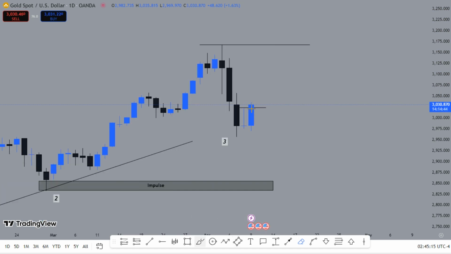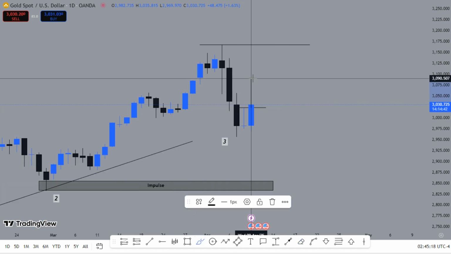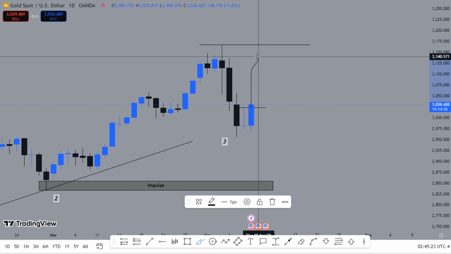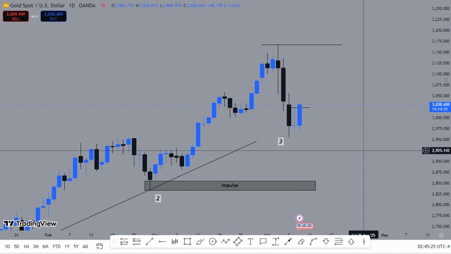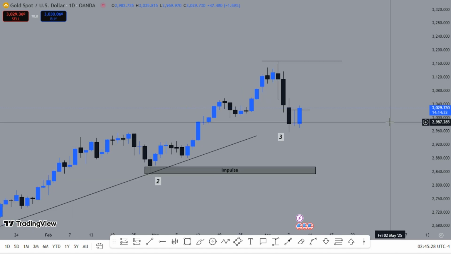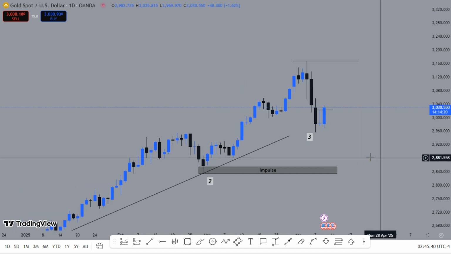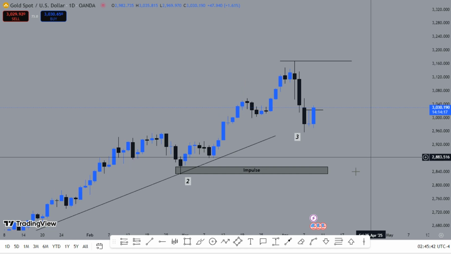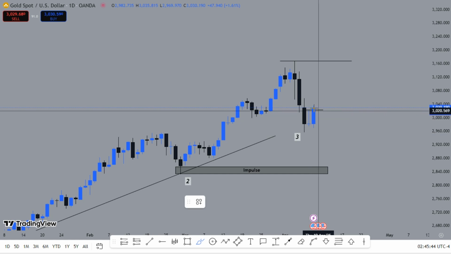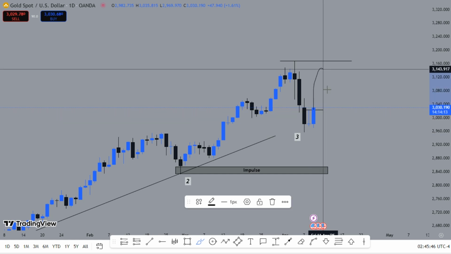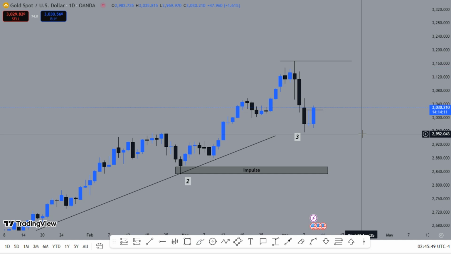We might see gold continuing pushing up, but what I realize is, if I see price or even gold pushing up without giving me an impulse phase, I'm not going to take that trade, because I like to take my entry once I see a correction, accumulation, just to gather more pressure, buying pressure or even selling pressure, right? So if I don't see that accumulation, that tells me there's no pressure, so there's no way the market will continue going up. Definitely she will try to come back to grab liquidity.